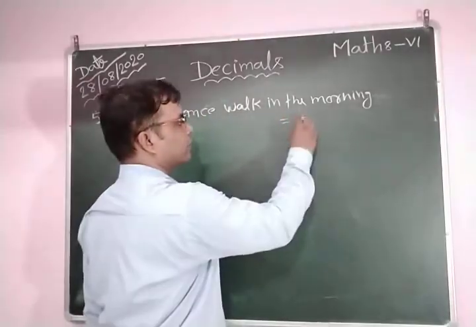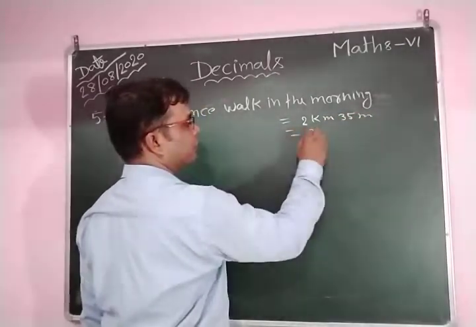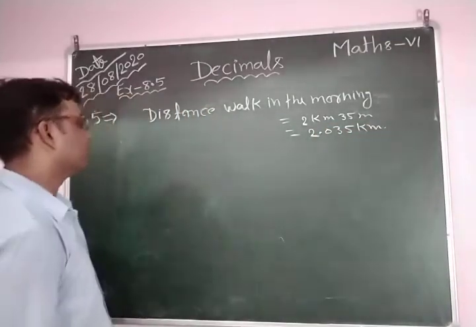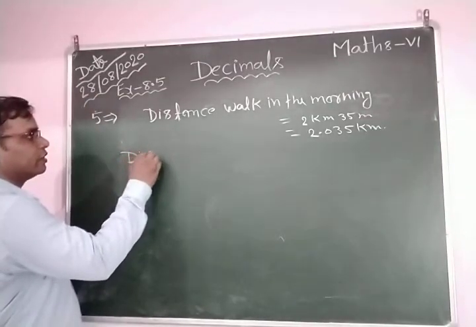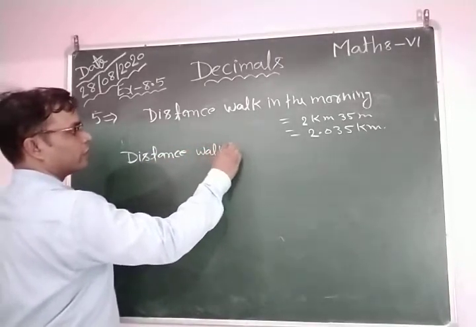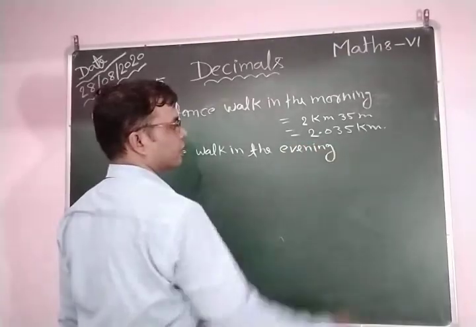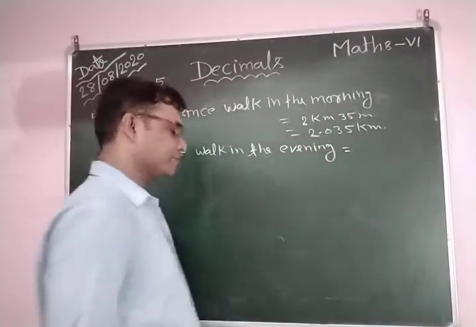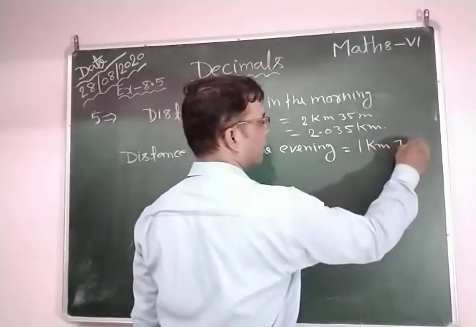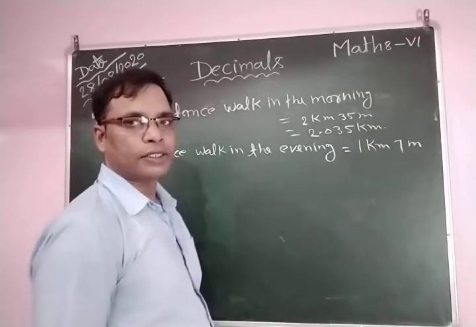Now again, the distance walked in the evening is given as 1 kilometer and 7 meters.